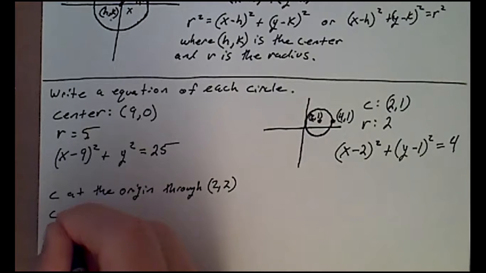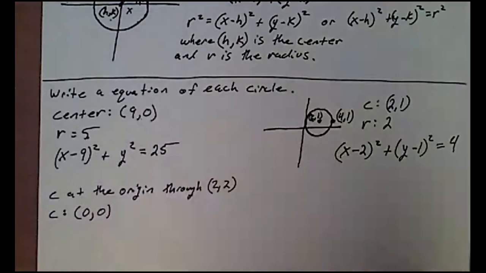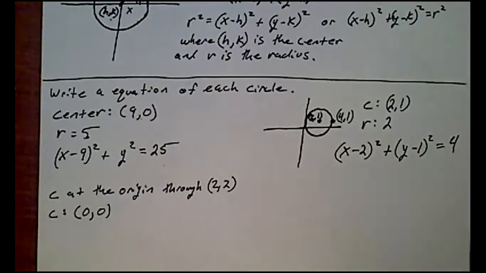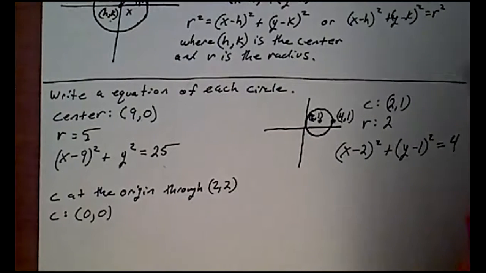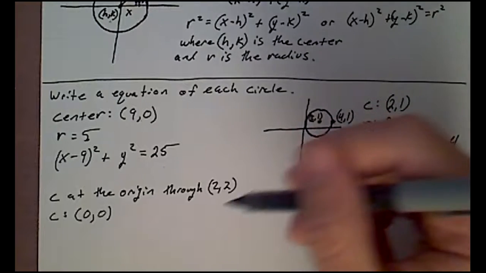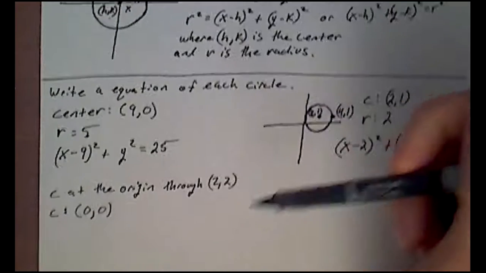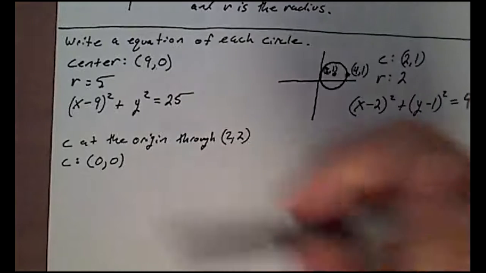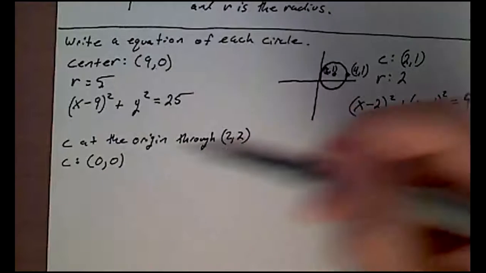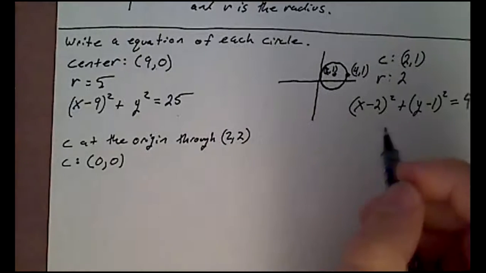Well, a center at the origin means the center is at 0, 0. Now, how is it going through 2, 2 going to be helpful for us? Well, so far what we've needed every time to come up with our equation is the center and the radius. So what we need to do is find the radius here.